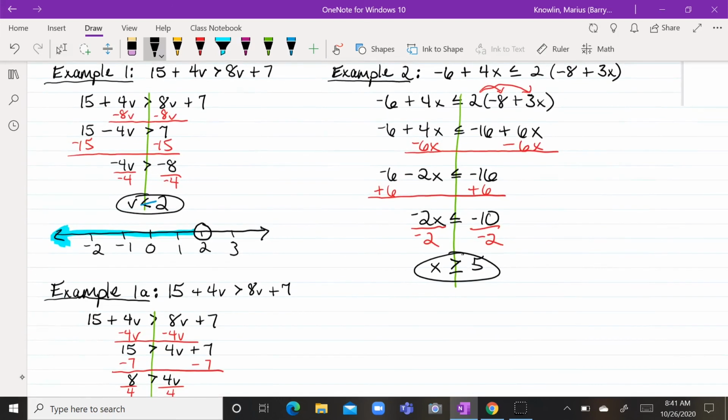And now we want to go ahead and graph it real quick. We can put 0 here, -1 there, 1, 2, 3, 4, 5, 6, and so forth. Now, we're going to go to 5 and put a closed circle because it has the equal to symbol part of it, that has the line underneath.